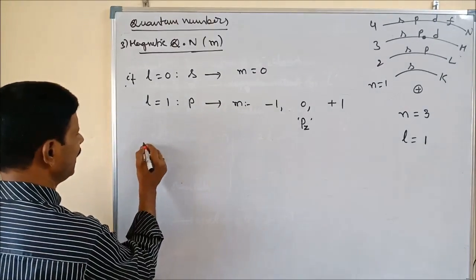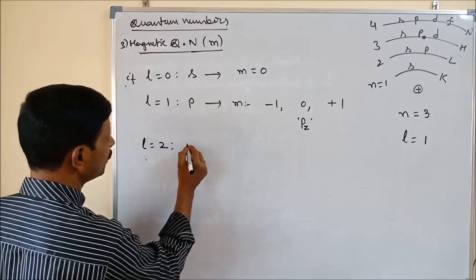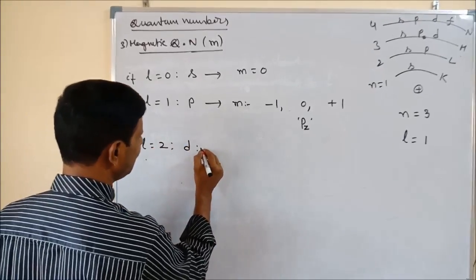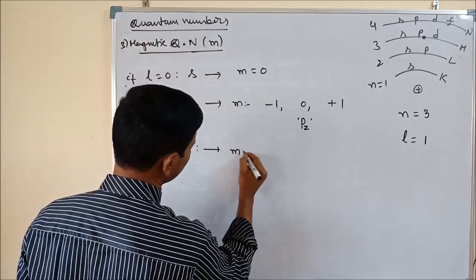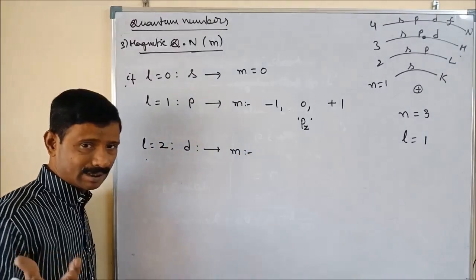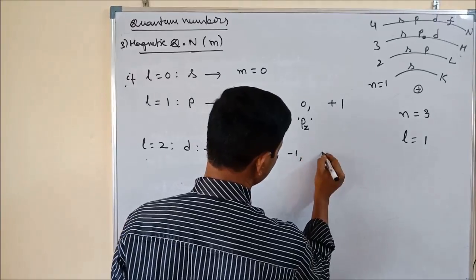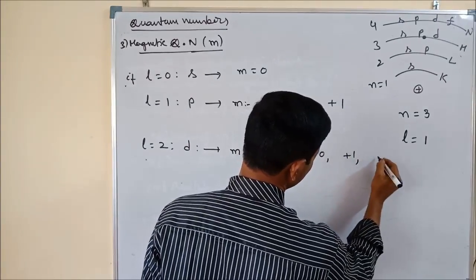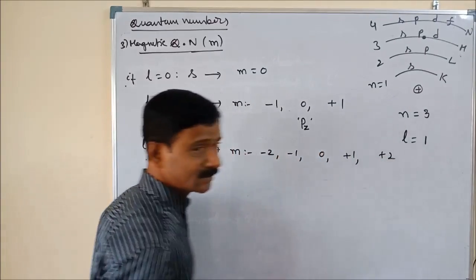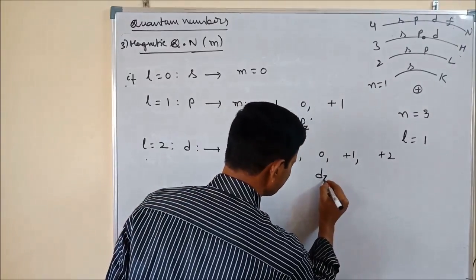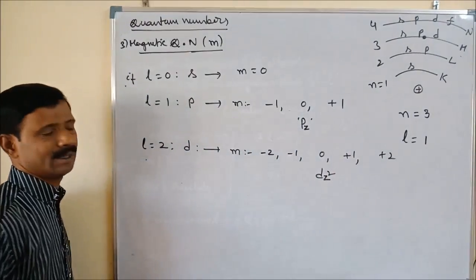Okay. And similarly, if L equal to 2, then that is nothing but D sublevel, and in this there are 5 values, 2L plus 1 as per that formula, means minus 2, minus 1, 0, plus 1 and plus 2. And here also 0 is for dz square.